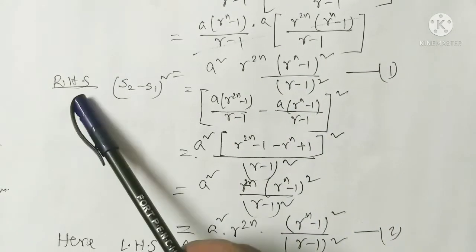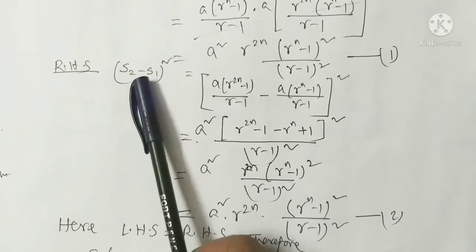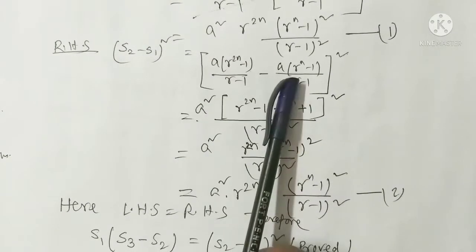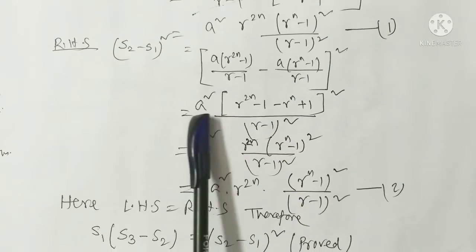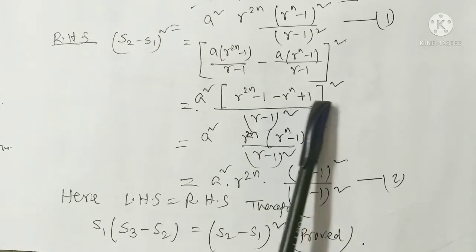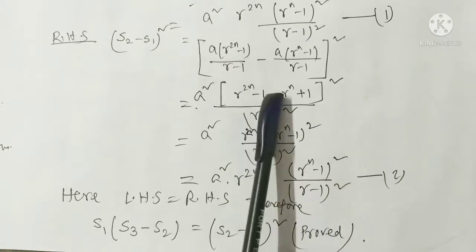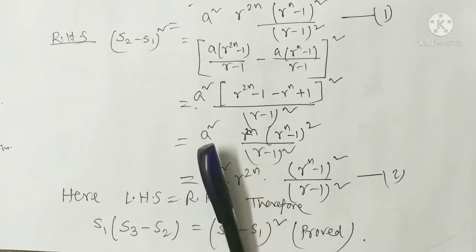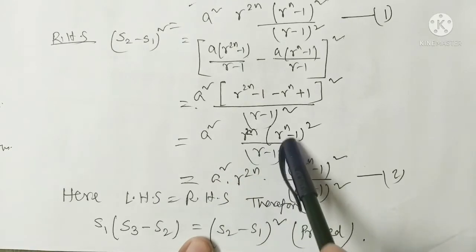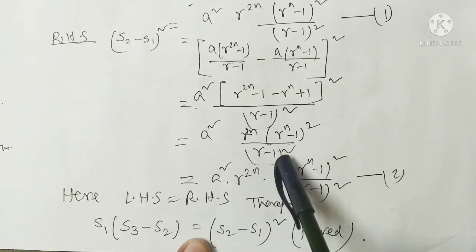If I consider the RHS, we get (S2 minus S1) whole square. By putting S2 and S1 here, we get A square (r to the power 2n minus 1 minus r to the power n plus 1) whole square by (r minus 1) whole square, where the 1s cancel out.